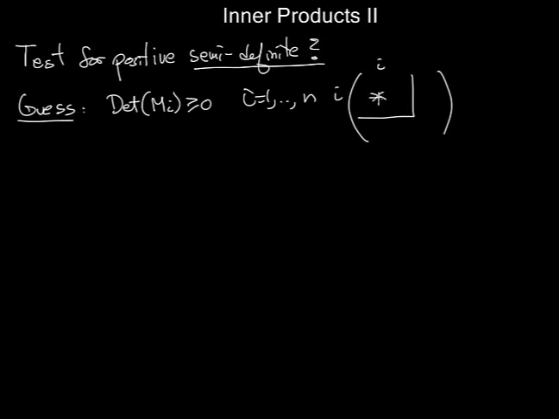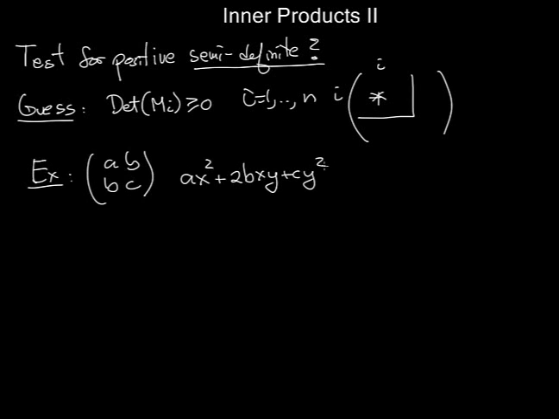Seems like an obvious condition. And let's see if it's correct. So let's look at our 2 by 2 example, a, b, b, c. So we have, again, this quadratic, ax squared plus 2bxy plus cy squared.